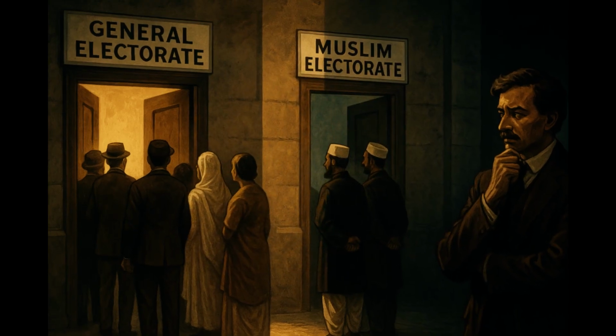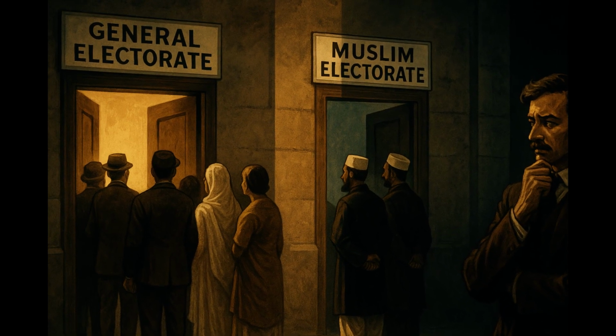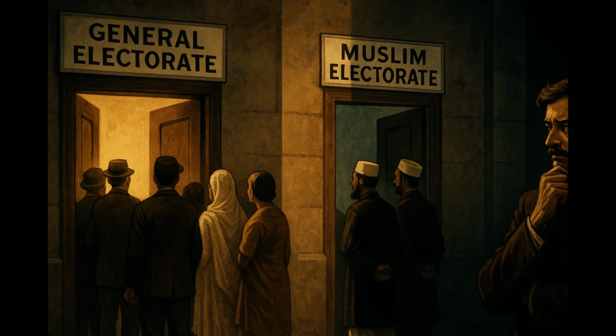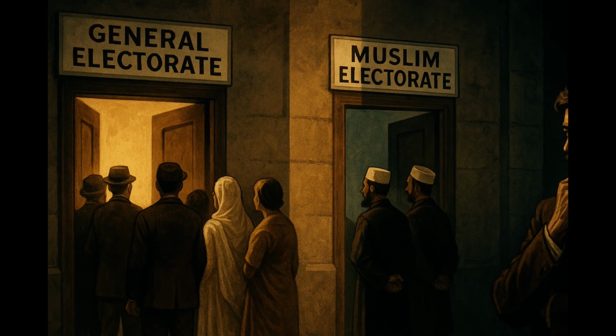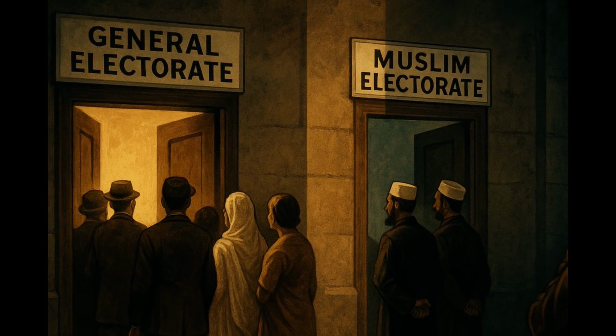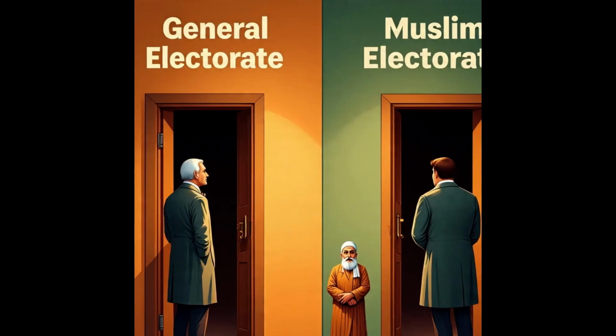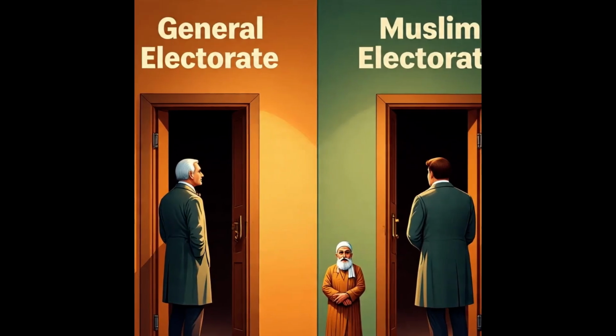Indian Councils Act 1909, the Morley-Minto Reforms. The 1909 Act, also known as the Morley-Minto Reforms, was a landmark moment. It expanded legislative councils at both central and provincial levels and, for the first time, allowed Indians to be elected to them.